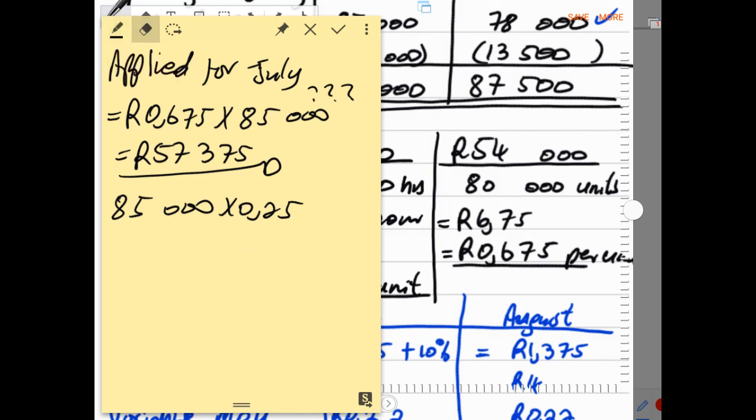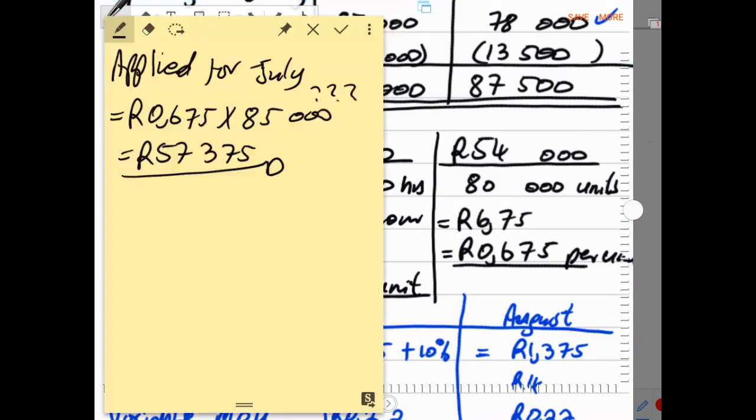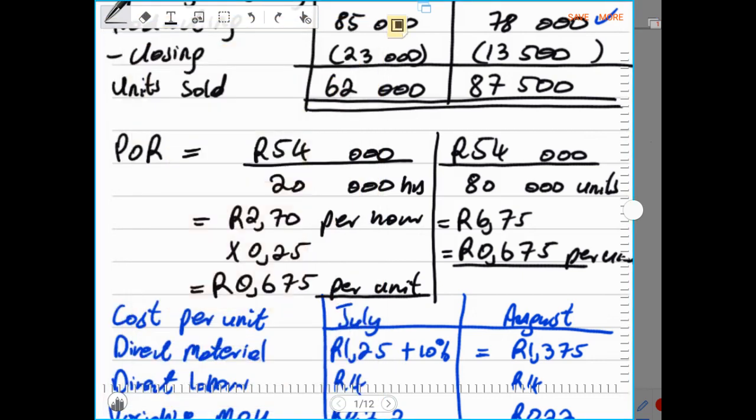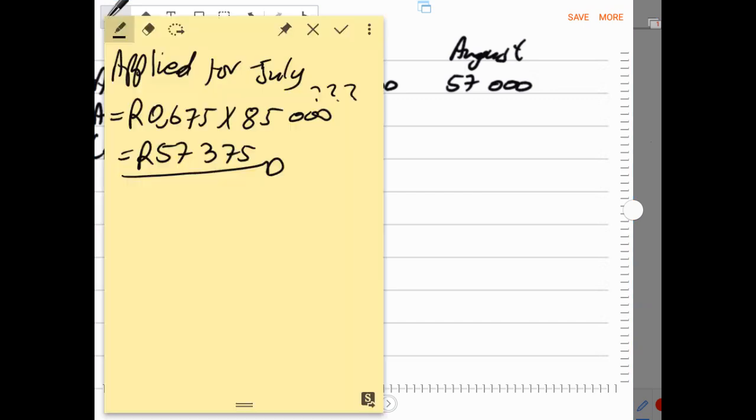I wanted to test both of them, but let us leave it at that. It's going to take time for me. So now we have seen that it is 57,375. Therefore we allocate that as our applied for the month of July, which is 57,375.